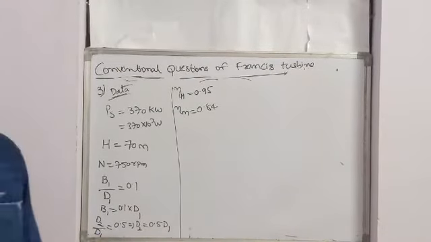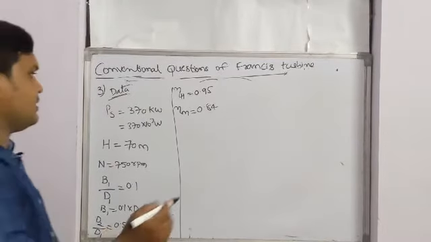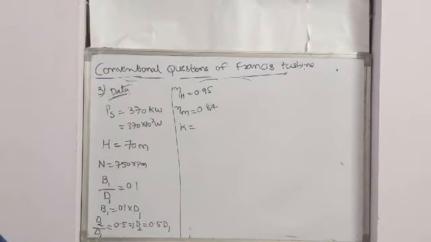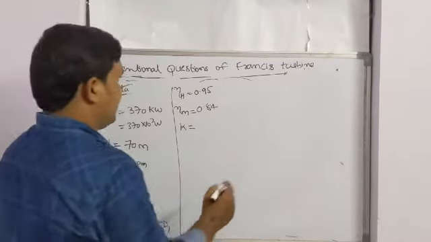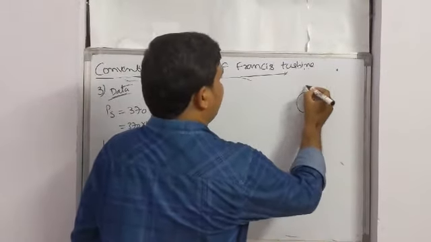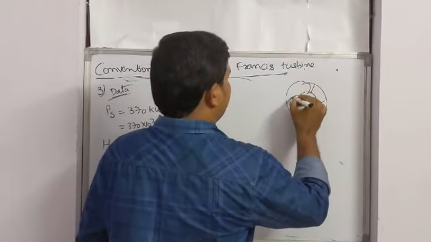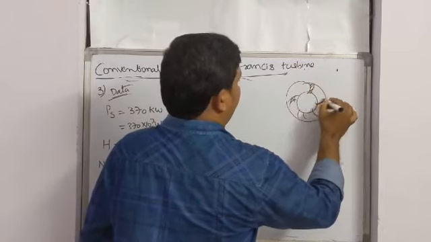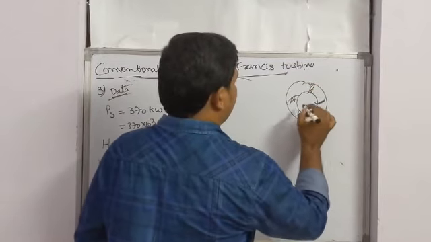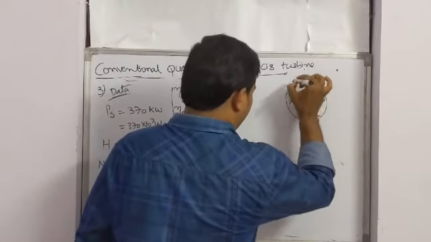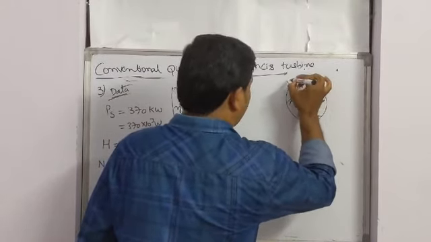Circumferential area occupied by the thickness of vanes is 5%, which means K is given as 5%. This much of the circumferential area is occupied by the blades, so in the remaining 95% the water will flow.